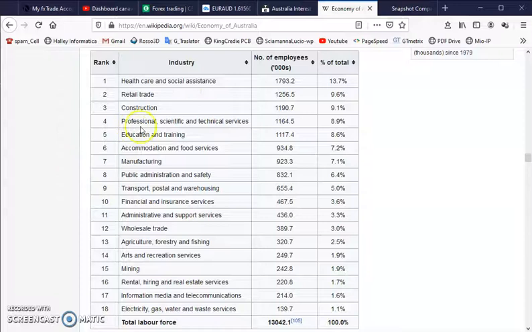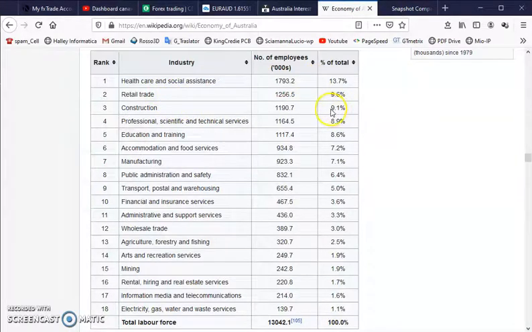And about the economy of Australia, I'm going to see Wikipedia, and we can see that the economy is very spread out. The first is healthcare and social assistance, and the second is retail trade.